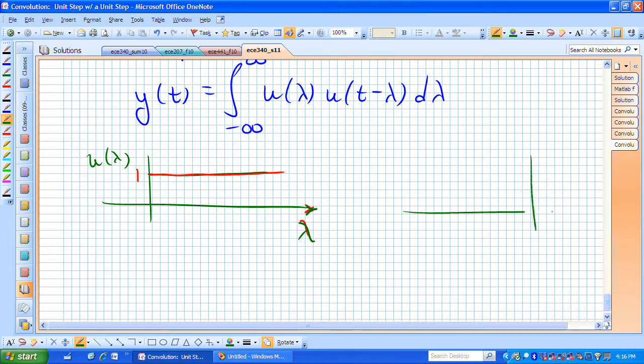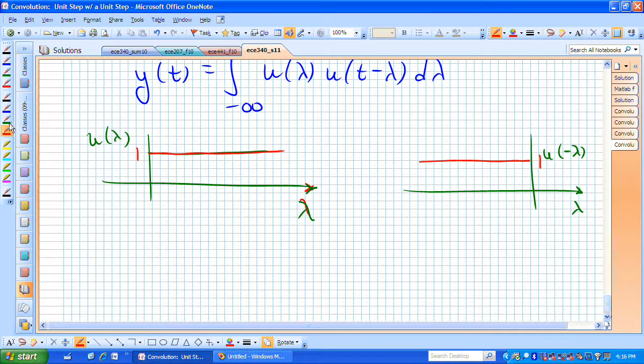Then we can look at flipping and sliding that, and we need to do this in a couple of different steps. We can say, okay, here's u of minus lambda, and then finally u of t minus lambda.